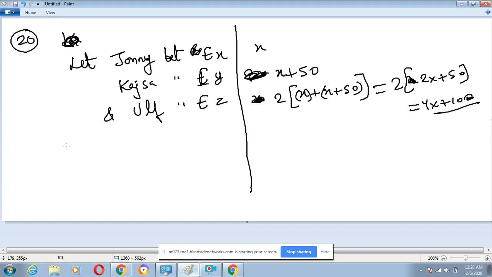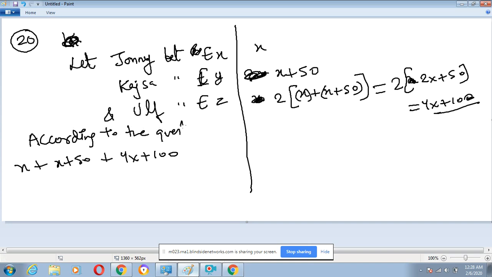Now what does the question say? Total bet is 750. In India you write ATQ, according to the question. Before that you can write total bet equals 750.